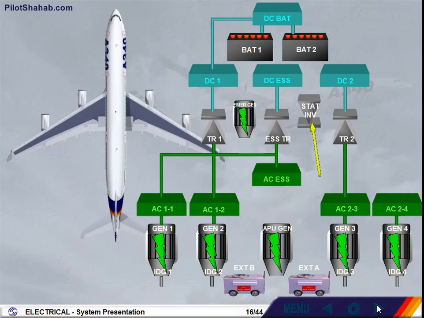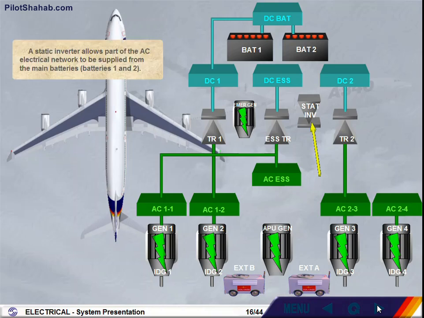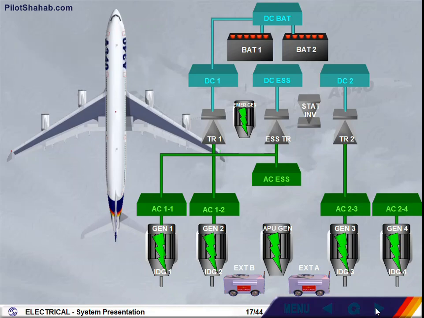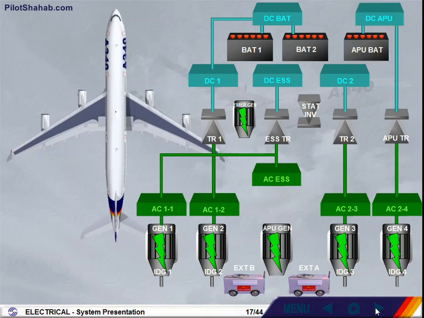A static inverter allows part of the AC electrical network to be supplied from the main batteries, batteries 1 and 2. The APU-TR is used to charge the APU battery. The APU battery is dedicated to APU start.